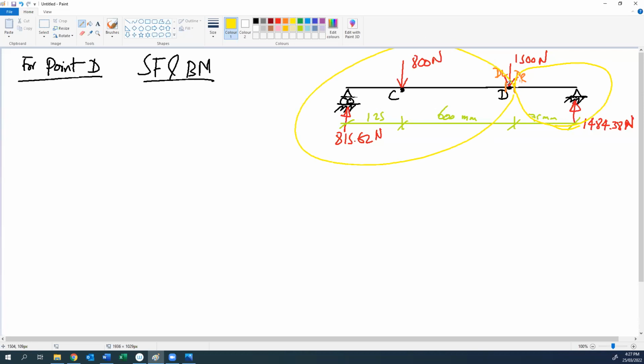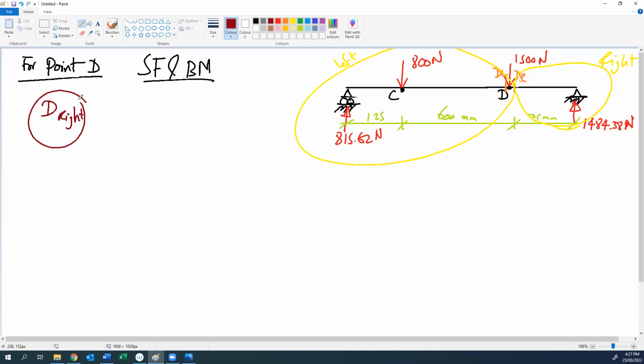Which part is easier for us to deal with, the right part or the left part? I think the right part is much easier because we have only one load. So I will start with section D right.